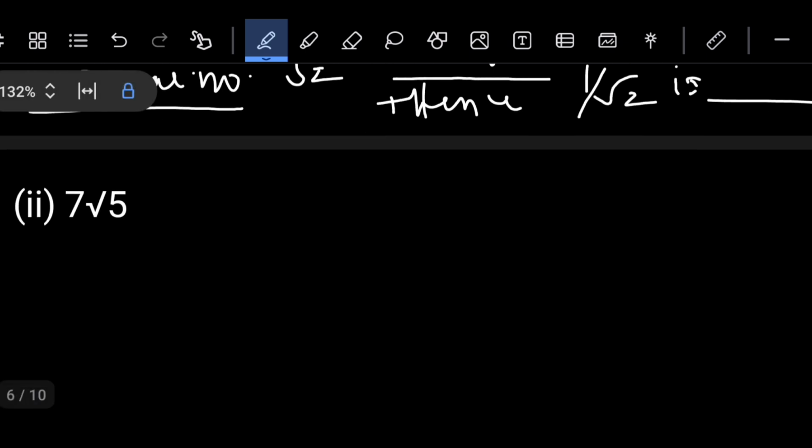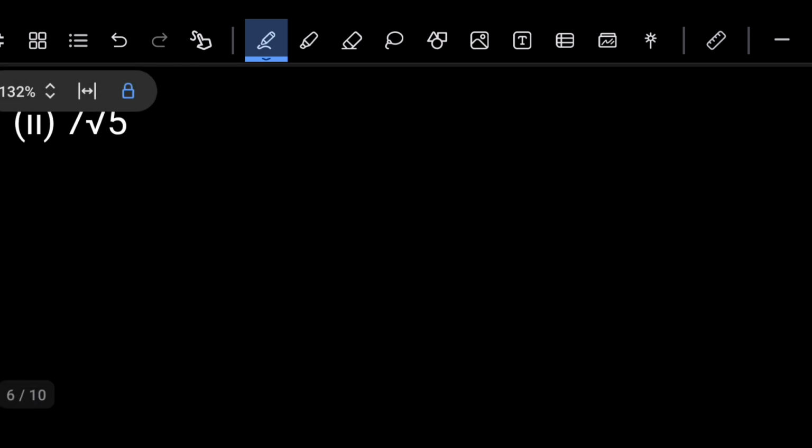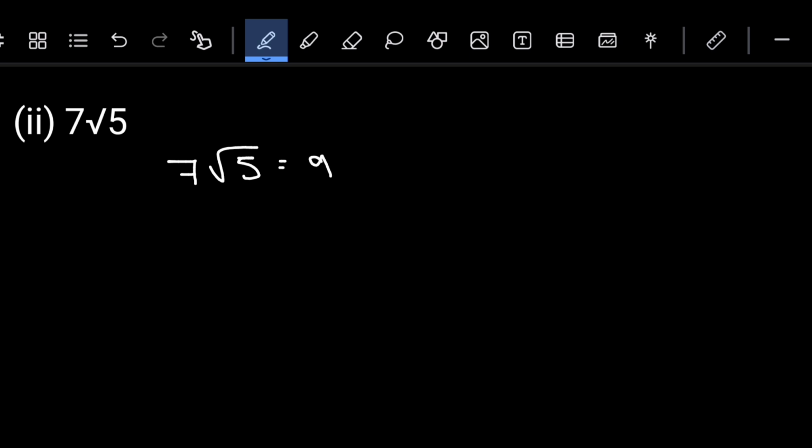Okay. Next question, 7 root 5. Similarly, same thing again. So I'll just write 7 root 5 is equal to a by b, where root 5 is equal to a by 7b. Then we'll write, since a, 7, b are integers, a by 7b is a rational number.